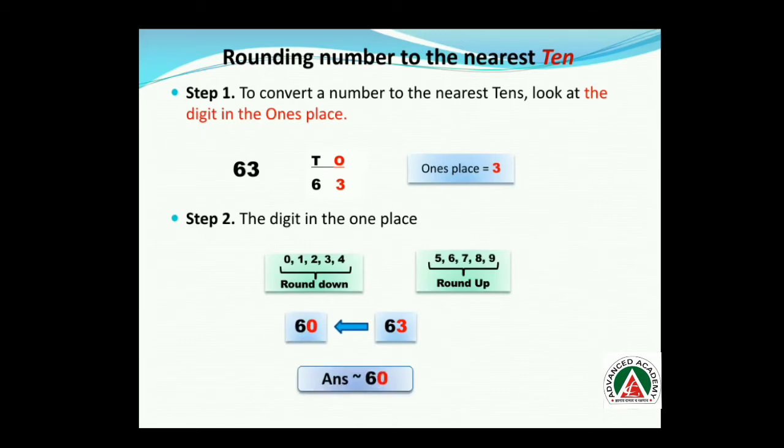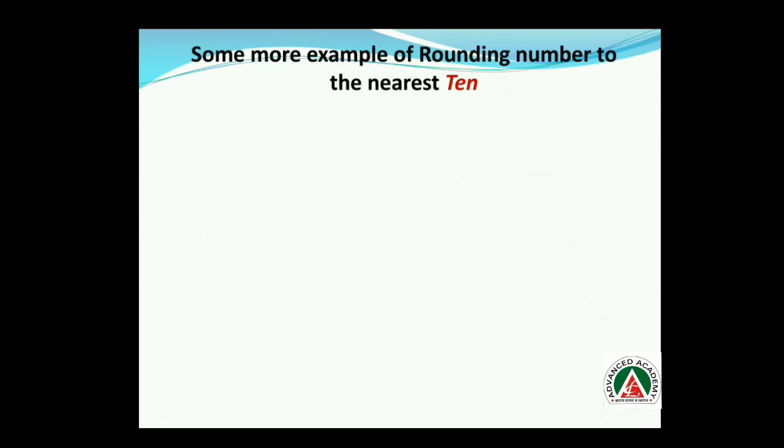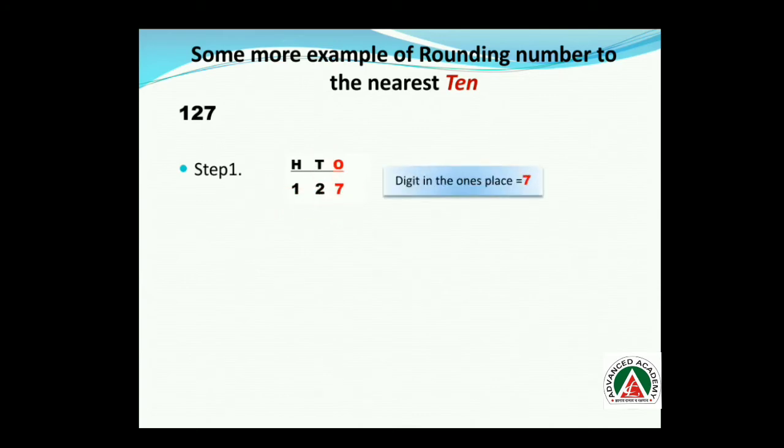Okay, let's take some more examples of the nearest 10. If you want to round off the number 127 to the nearest 10, again step 1, we place this in place values. For the nearest 10, which digit will we see? Ones, obviously. The digit in the ones place is 7. Step 2, we will find out in which limit this 7 is.